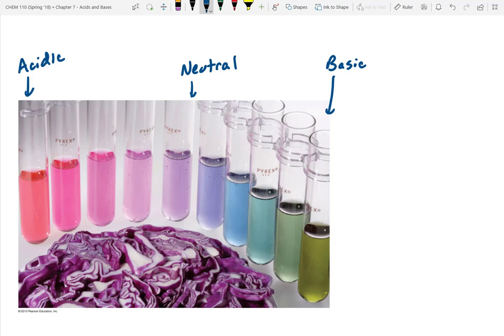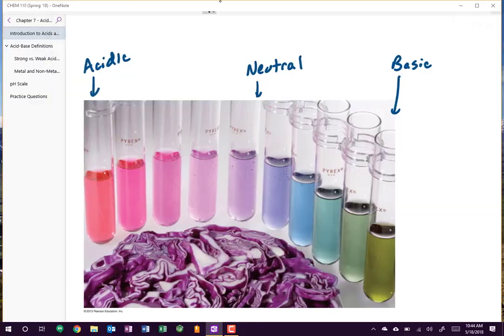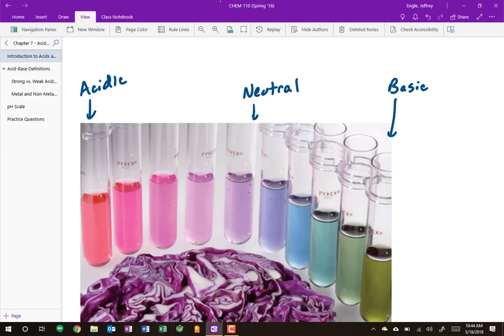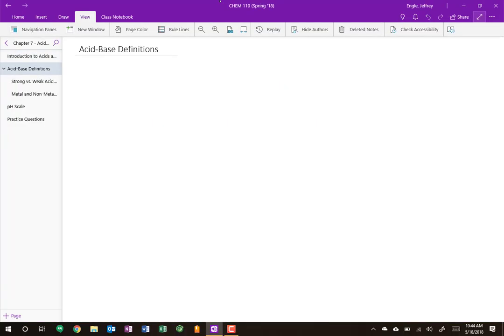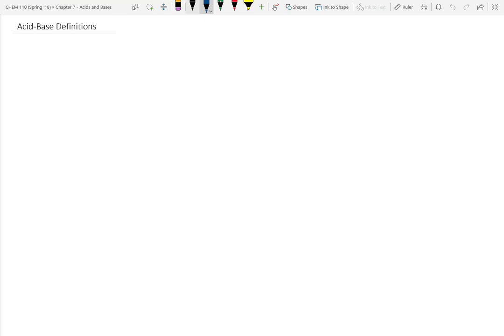All right, so now we've got to define acids and bases beyond just these color changes and talk about their chemical properties. So we got to step back in time a bit and talk about the different definitions as they evolved. The first one that was really pushed was called the Arrhenius Definition.